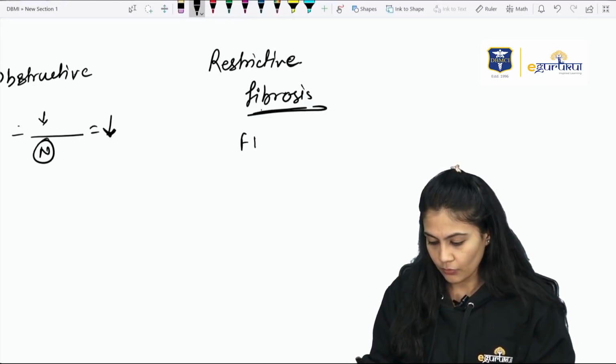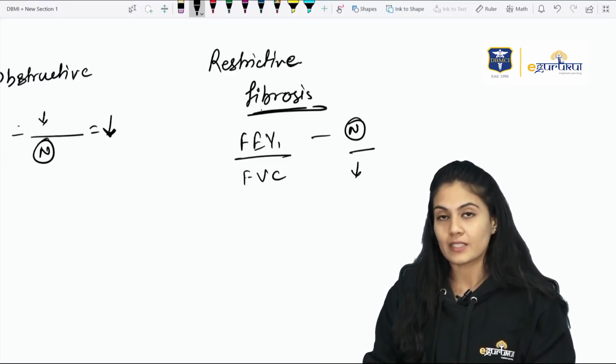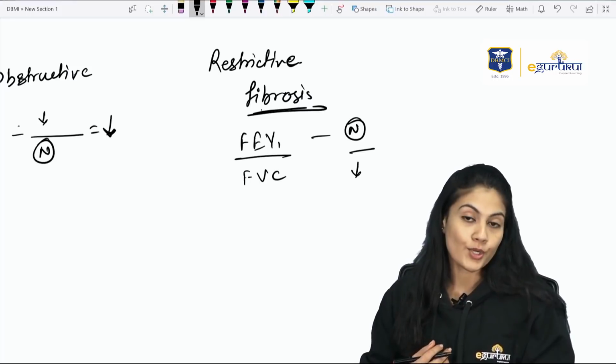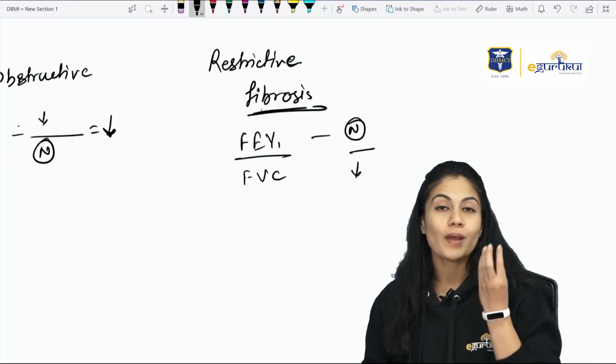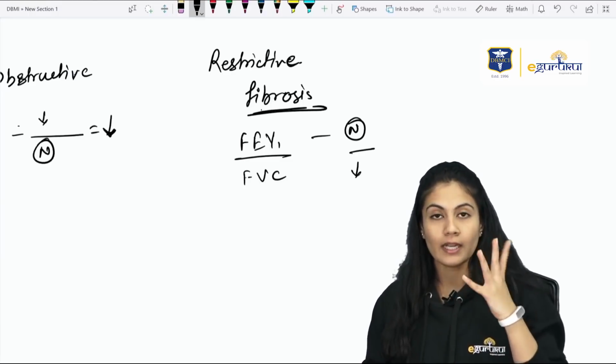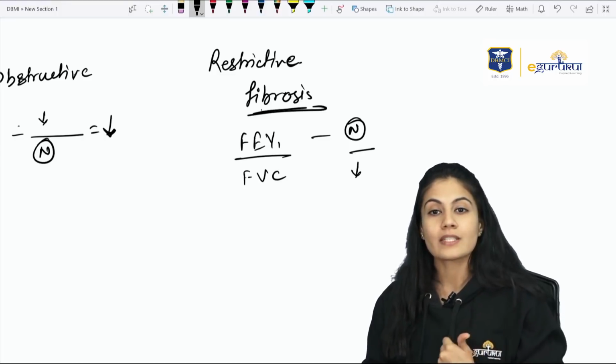So FEV1 will be normal and the FVC will be decreased, right? The forced vital capacity will be reduced. Why? Because the parenchyma is diseased, it got fibrosed, right?